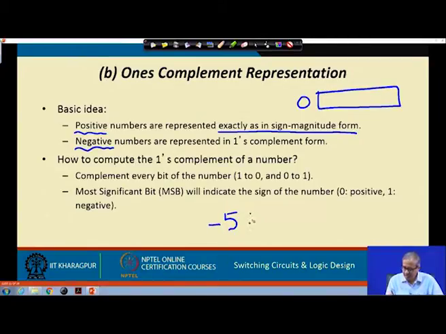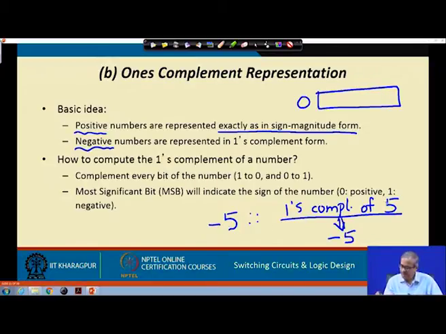So, I do something called 1's complement of 5. So, once I do 1's complement of 5, this is my representation for minus 5. So, when I have a negative number, I take the magnitude 5, I compute something called 1's complement of 5, and that will give me my representation of minus 5.